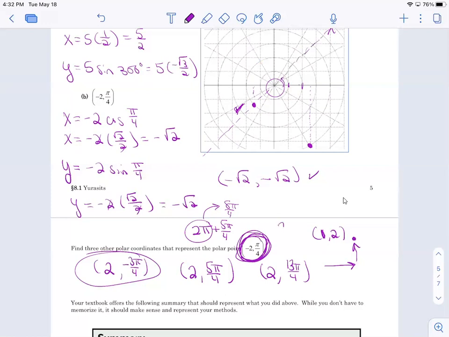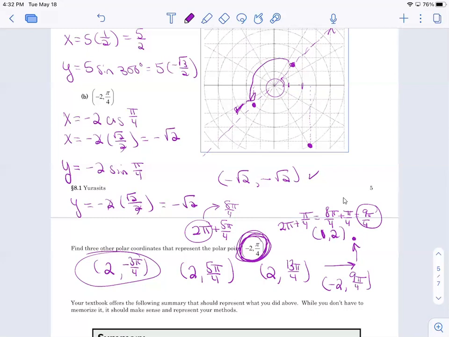So that would be 2π plus your π/4. Find a common denominator. But if I just went to 9π/4, that would put me here. I need to end up down here, and so that's why I make my radius negative. Personally, that's how I like to do it. I like to play around with it.